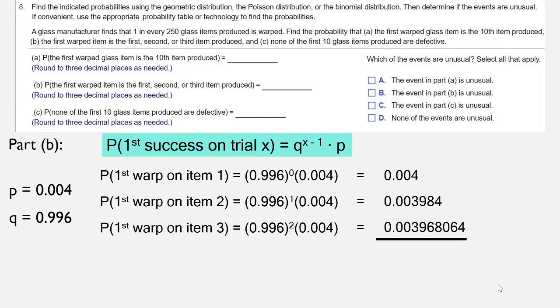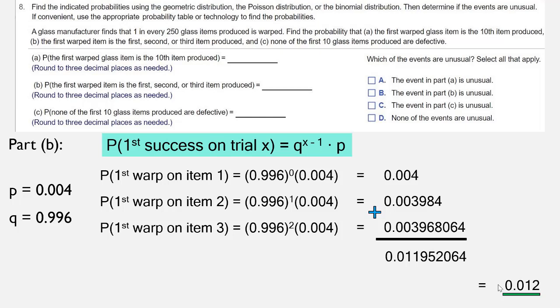Then we have to take all these numbers and add them together. And if we add them together, we get 0.011952064. And if we round that off to 3 decimal places, that ends up being 0.012. So the probability that the first warp is on item 1 or item 2 or item 3 is given by 0.012. So that's the answer to part B.